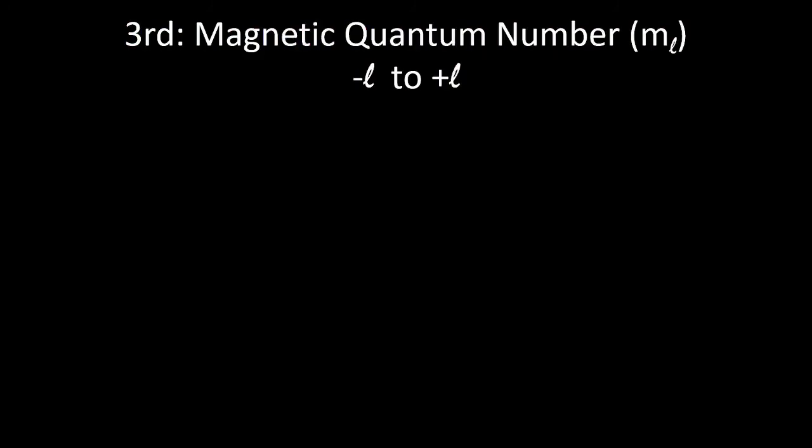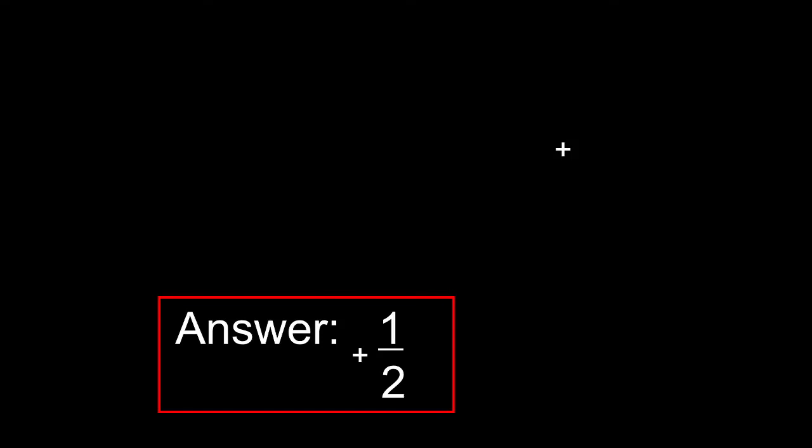The third, the magnetic quantum number. That's negative L to positive L. So you are given 1s1. The ML here, I have no other options to choose from. It's only 0. Did you notice that? Did you notice, Section Emerald?